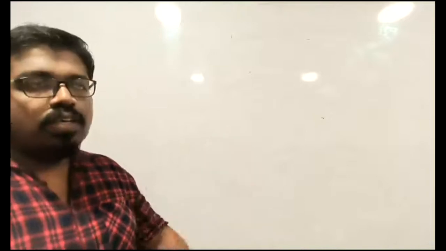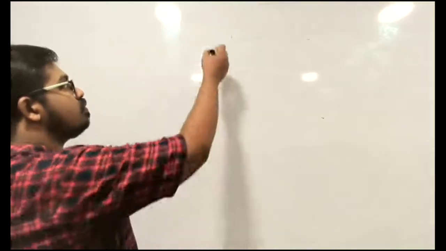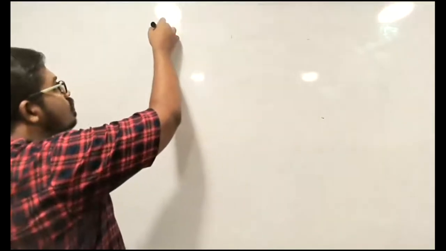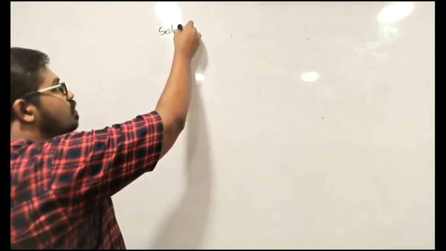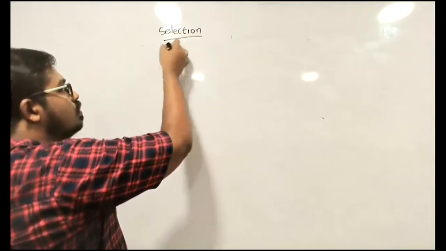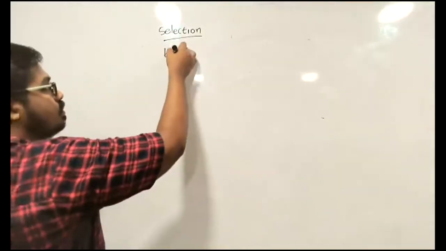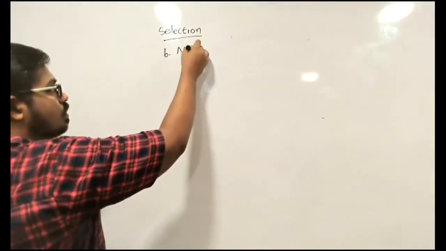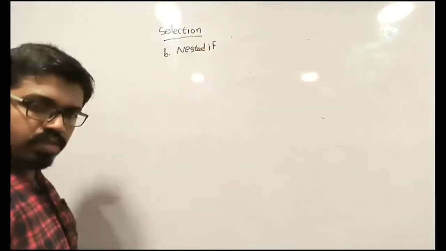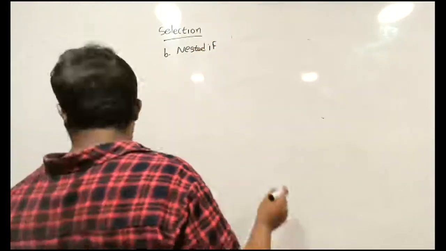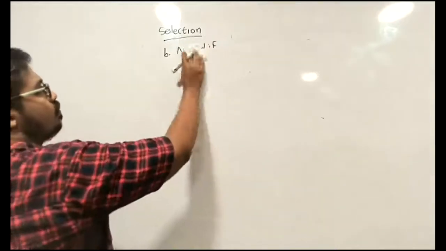Right. Draw this flow chart. Selection Type B, which is nested if. Right. So I will give you a flow chart.